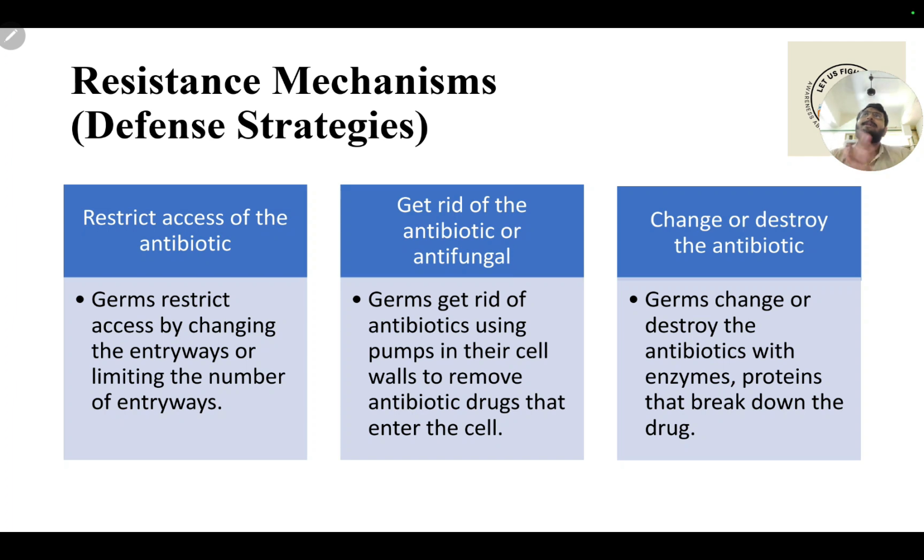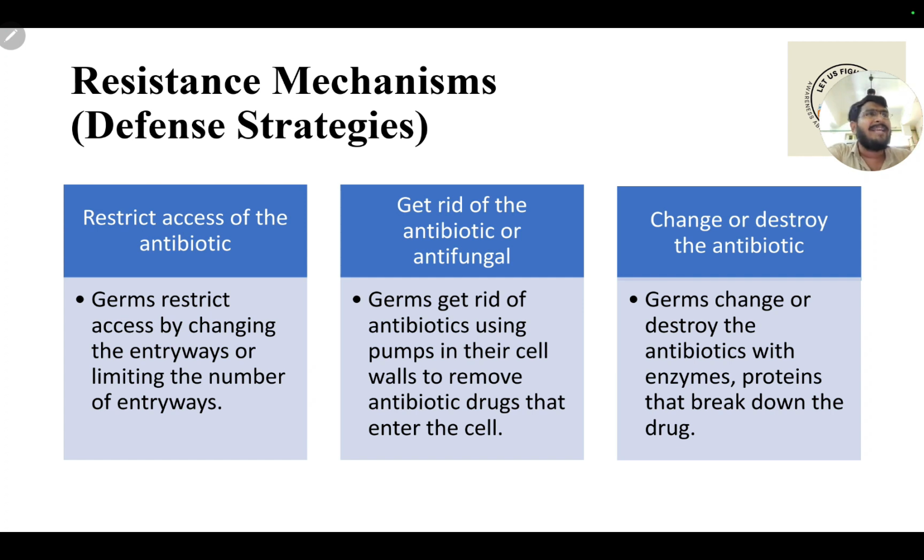The first one is, for an antibiotic to act on the microorganism, it first needs to gain access. Because we have seen in the last week that microorganisms are susceptible to specific antibiotics because these antibiotics may be acting on a specific part of the bacterial cell.